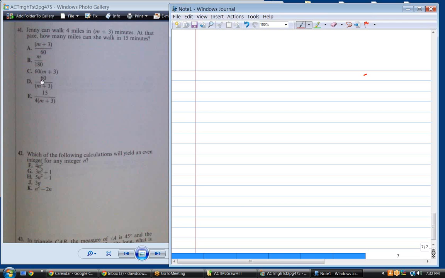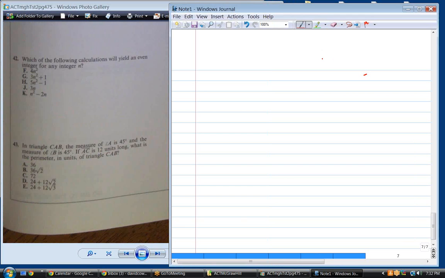Did we cover question 41 to your satisfaction? Yeah. Okay, let's look at 42. Which one of those gives you an even integer regardless of what n is? F. Well, what if n was, oh yeah.